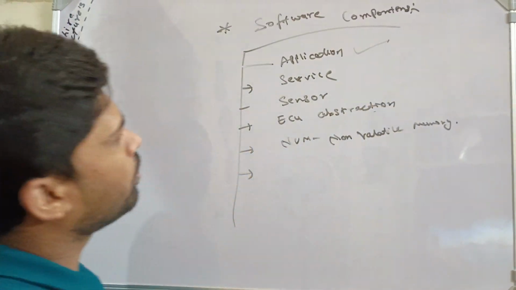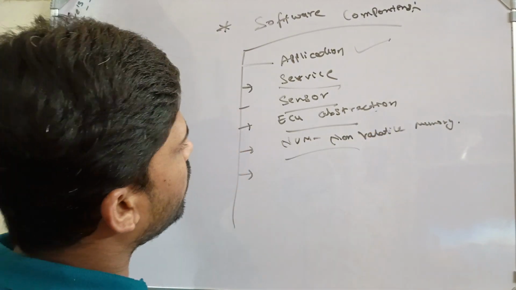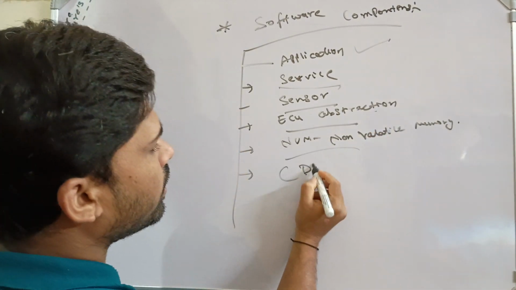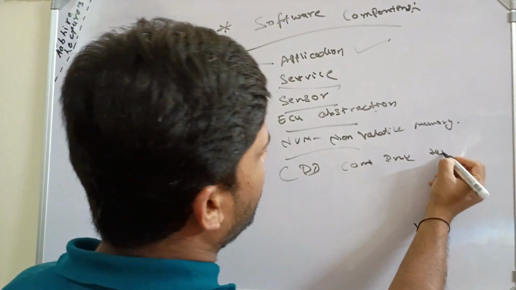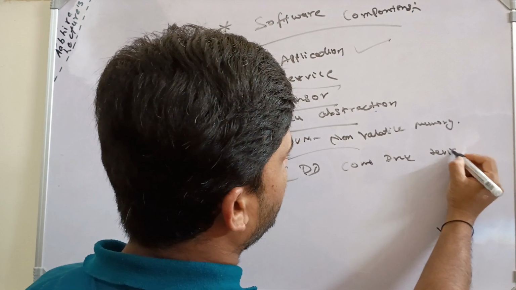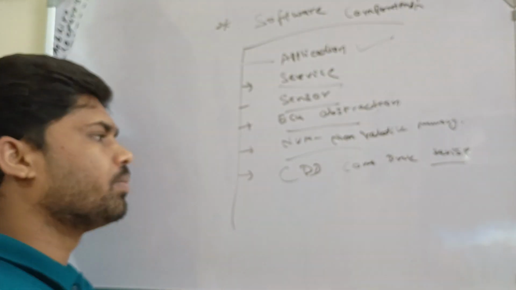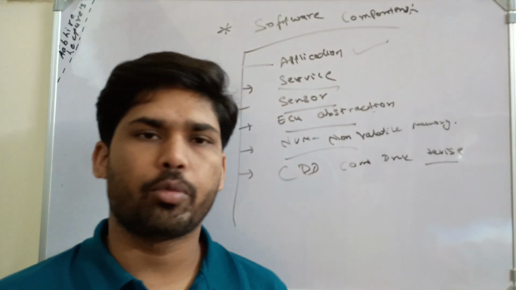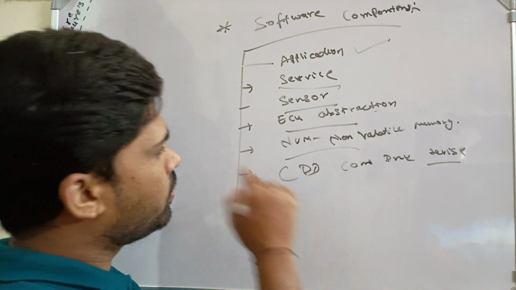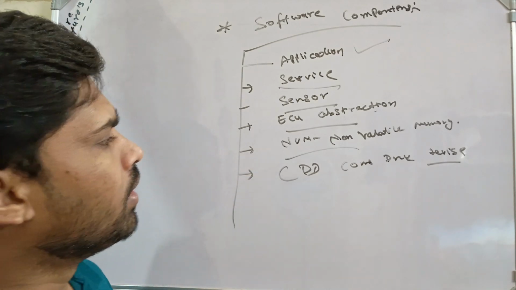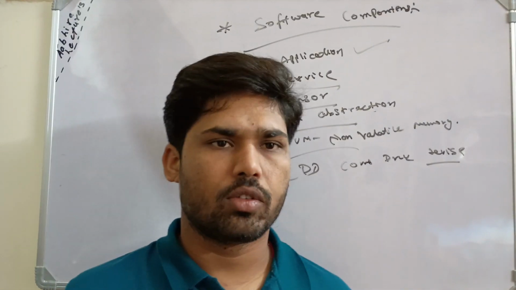The application is one type of software component, then services, sensor, ECU abstraction, NVM, non-volatile memory, and one more is CDD, complex device driver. So these are the software components you have to remember.